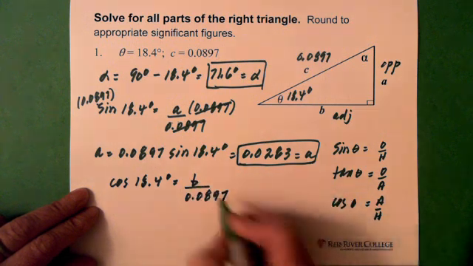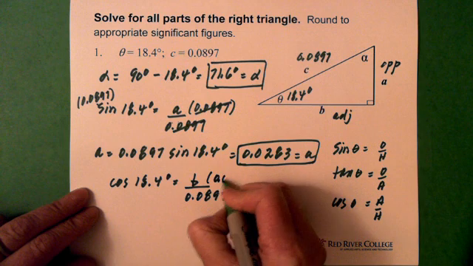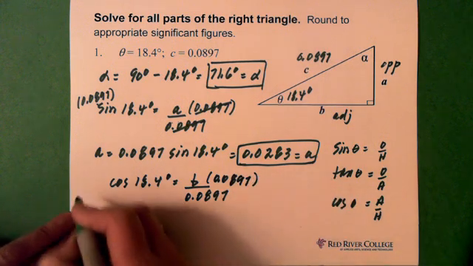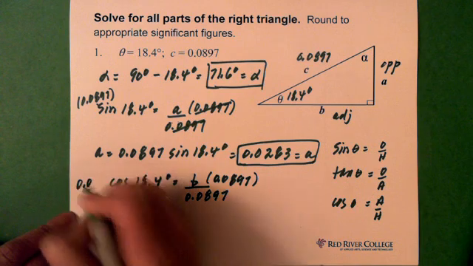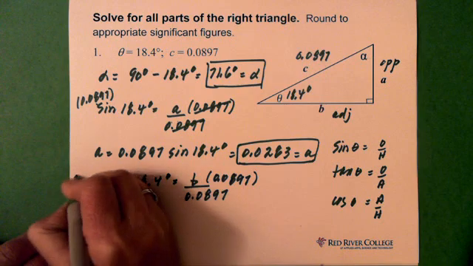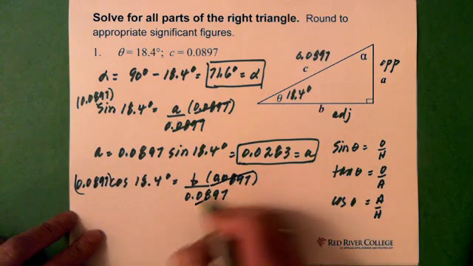Again, we want b by itself, so we multiply by our hypotenuse, and we multiply on this side by 0.0897. These two equal 1.